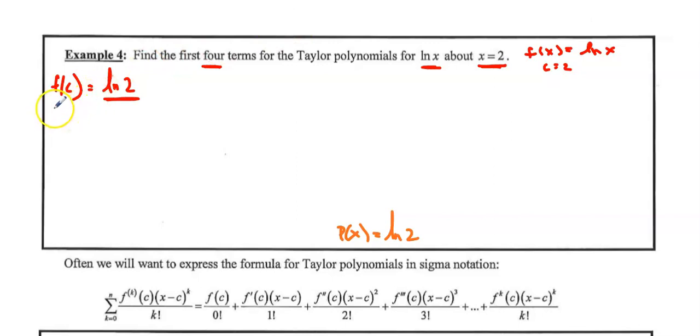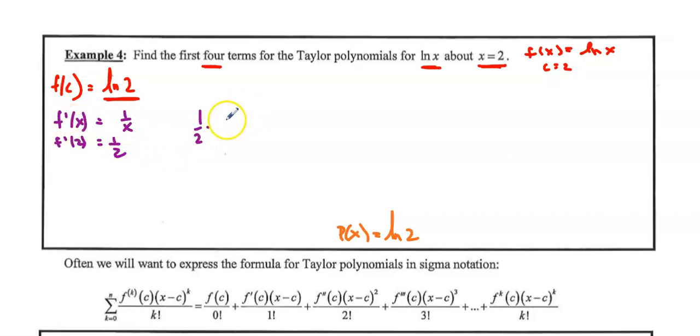So we got to find the first derivative. The derivative of the natural log of x is just going to be 1 over x. Classic derivative for the natural log. And so what we're going to do now is find f prime of 2, which is going to give us 1/2. So then when I want to write down our term for this, remember the second term is actually going to be 1/2, and remember, it's all about the first derivative, number 1.